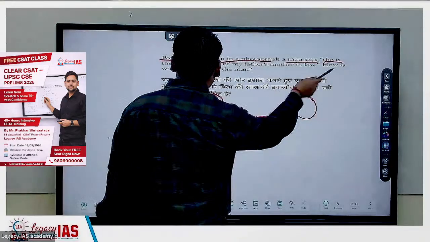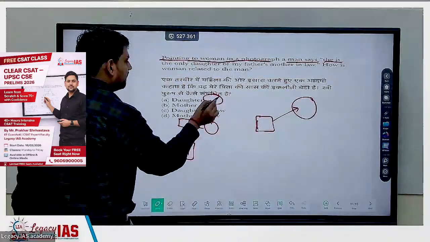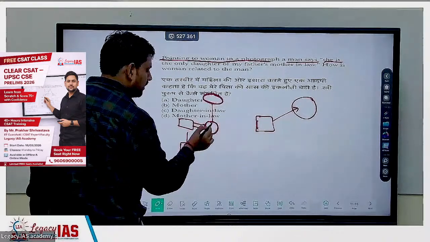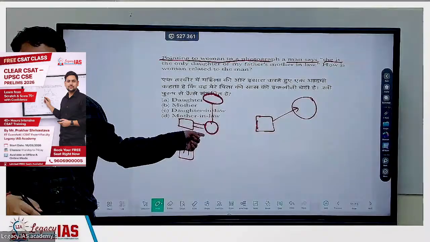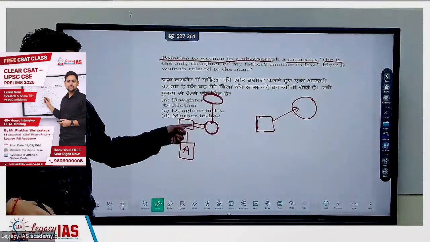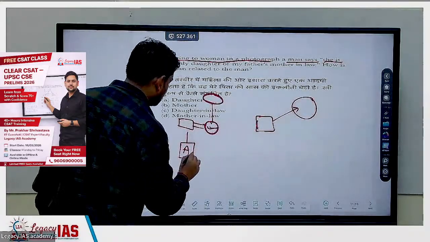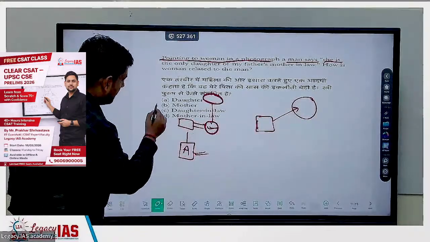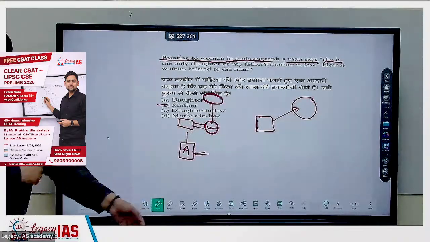So, what is written? She is the only daughter of my father's mother-in-law. Father's mother-in-law is this. Only daughter means this person only. And how is the woman related to the man? So, this and this, what is the relation? How we do this diagram is the only important thing here.